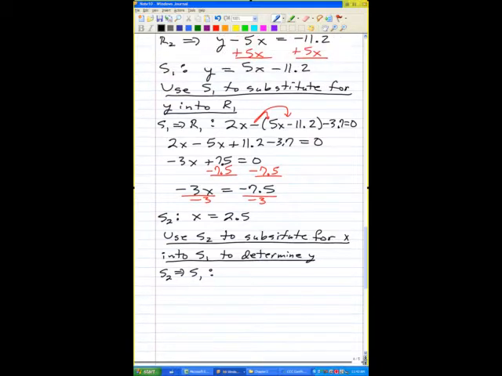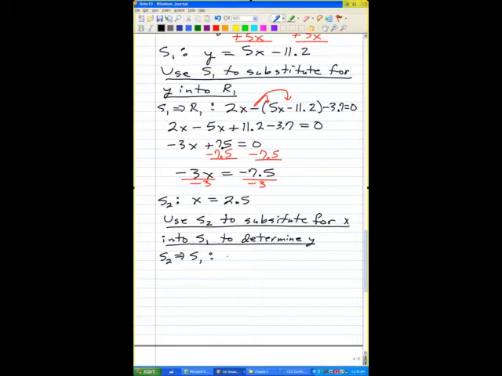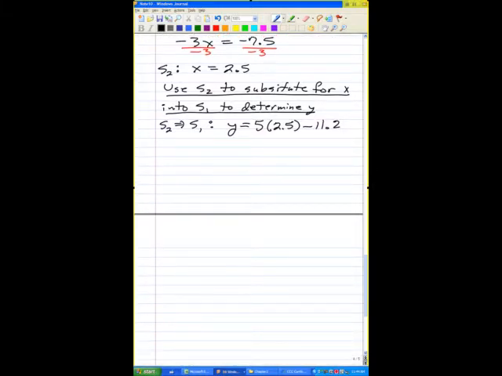Okay, so I have here S1 is y equals 5x, which is 2.5 by S2, minus 11.2. Okay, so now let's simplify this. So y is equal to 12.5 minus 11.2. y is equal to 1.3. And so my solution is the ordered pair 2.5, 1.3.